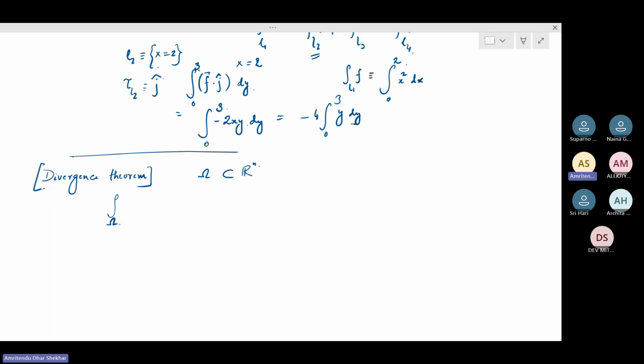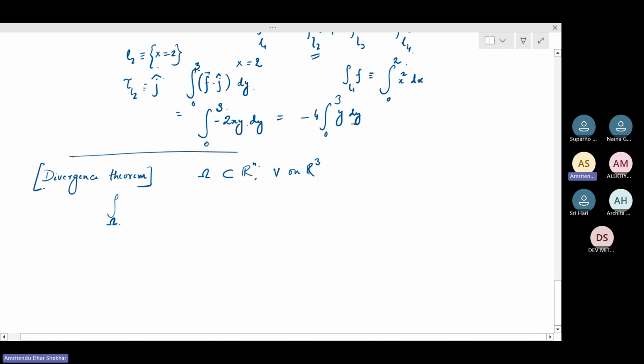You can think of omega as being a nice looking domain. It's a loose term, but let's not worry too much about it. And let's say you have a vector field V. V is a vector field on R3.